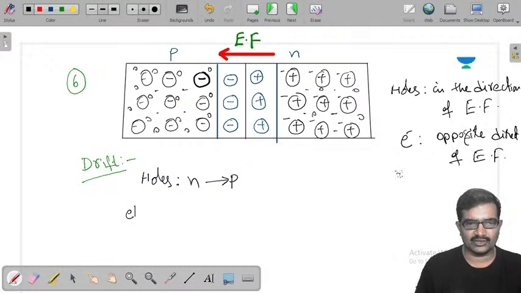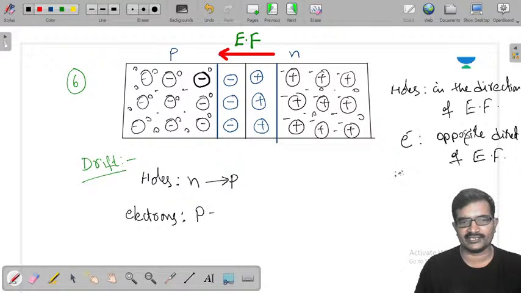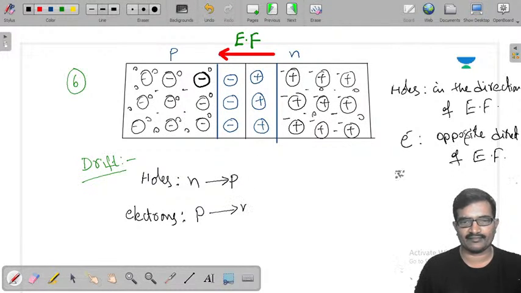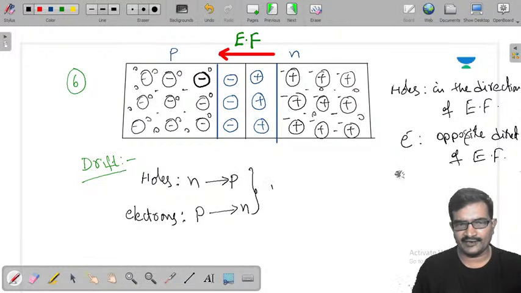Similarly, electrons are moving from P region to N region. So due to this movement, drift current I drift is flowing through the junction.